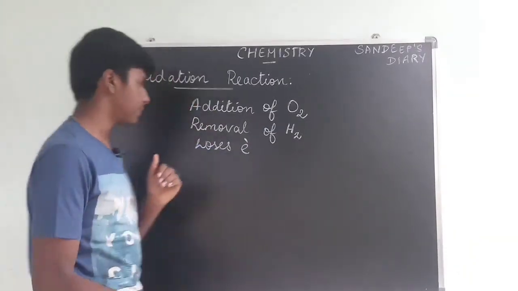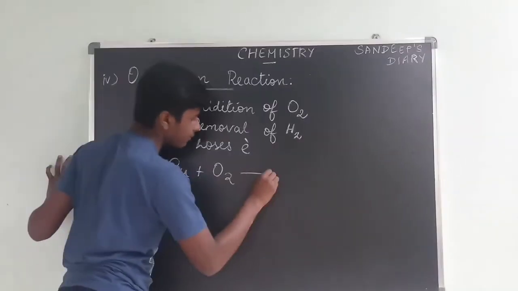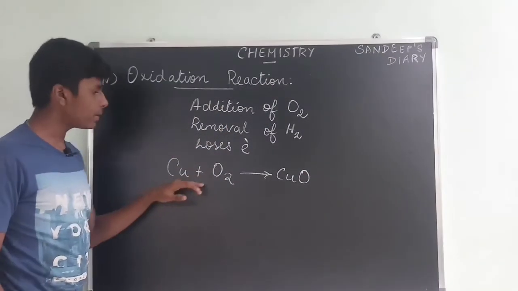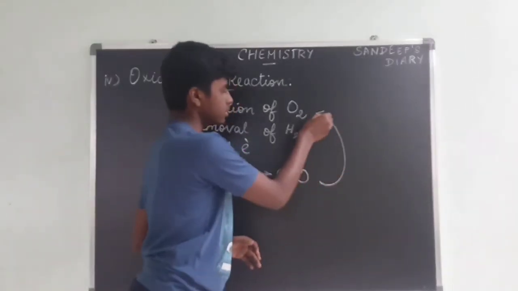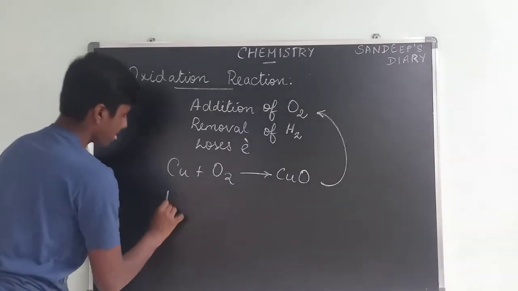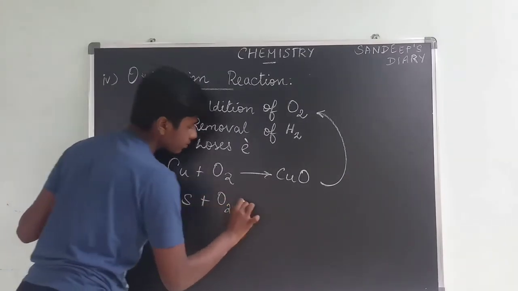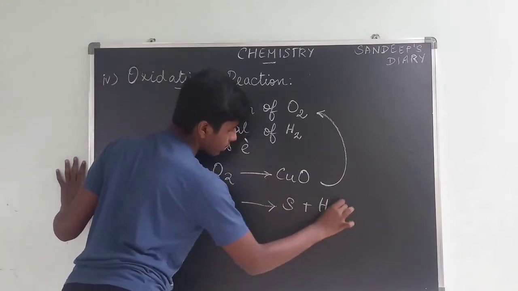Let's give an example. Copper plus oxygen gives copper oxide. Here you can see the copper is being oxidized because there is addition of oxygen. It satisfies the first condition. Next, H2S plus O2 gives sulfur plus water.